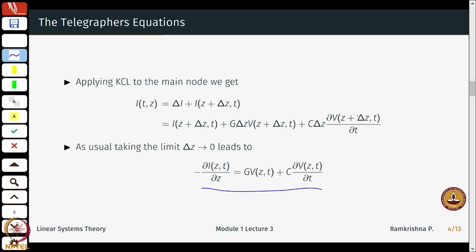Okay. So, let me just take this equation for a while. For simplicity, let me assume G is equal to 0. Okay, what I would have, and let me write down I and V in more fundamental terms, right? This is called the charge and the flux.